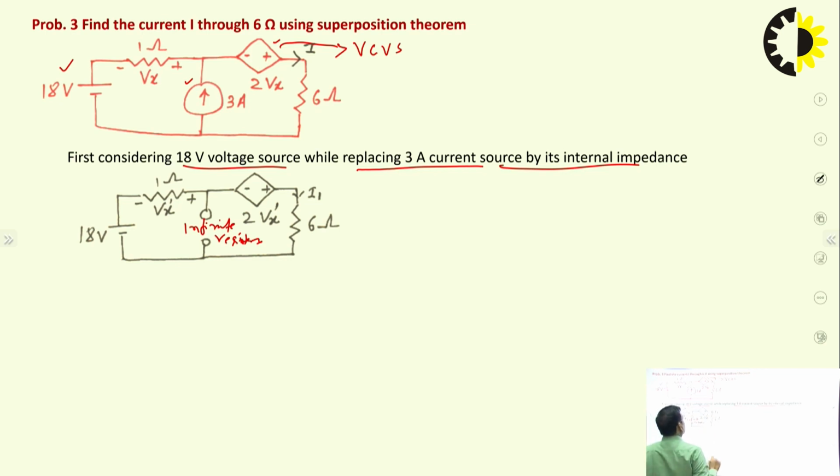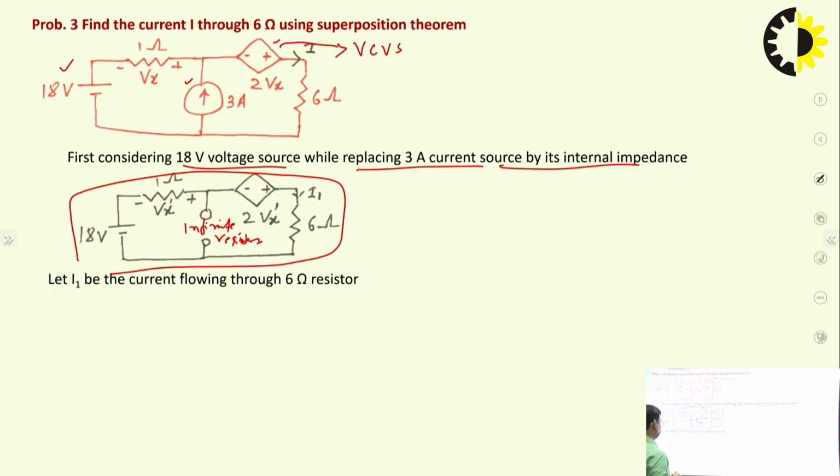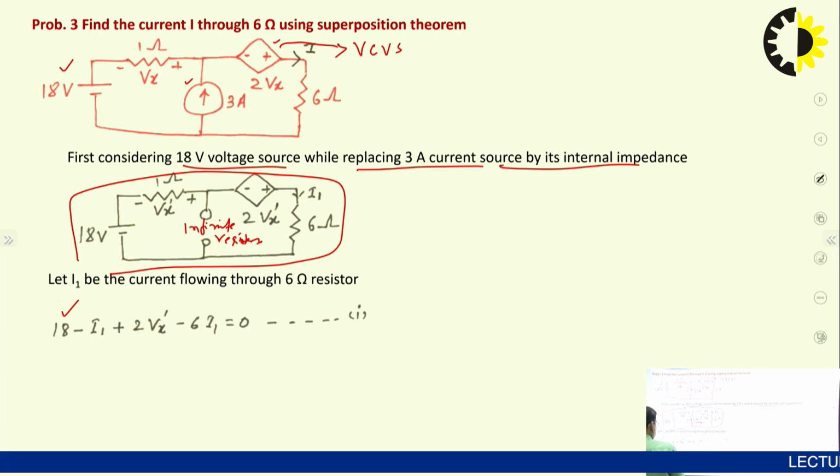Now try to find the value of I1. What we will do is apply Kirchhoff's voltage law in this outer loop. So 18 volt minus I1, as the current is flowing in this direction.